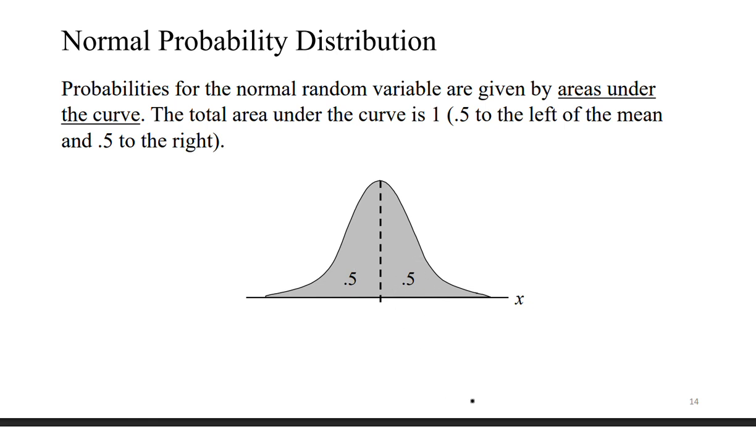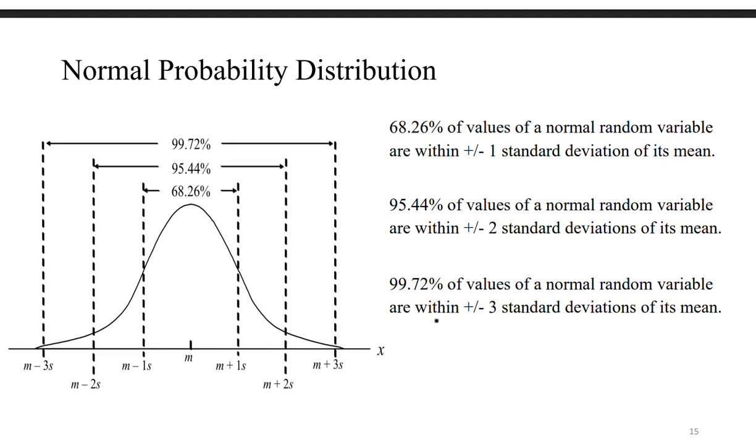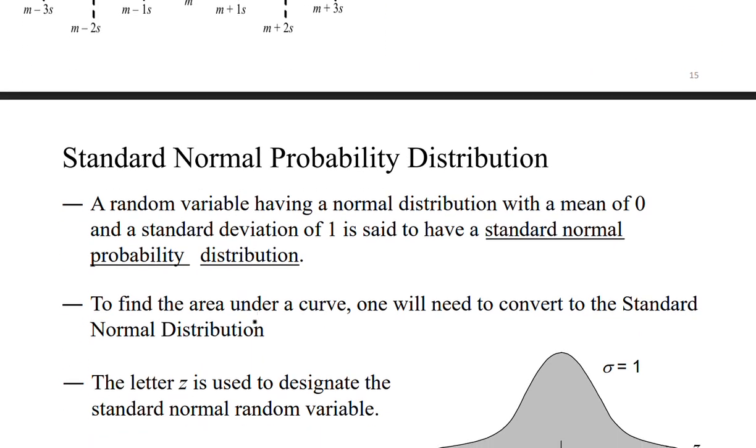Alternatively, the whole area is 100%. If we divide it into 2, this side will be 50%, this side will be 50%. And so using the empirical rule, and we'll talk about the empirical rule later, don't worry about it, we see that it's very symmetrical and the two sides are mirror images of the other.